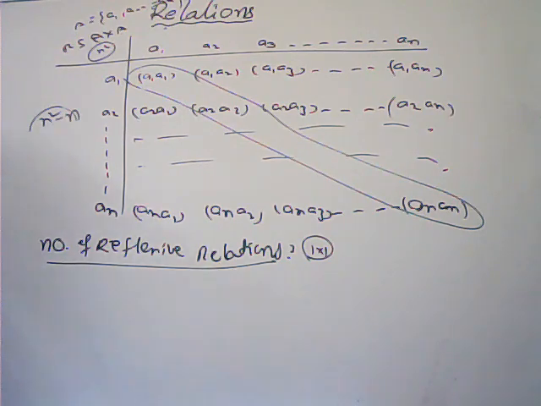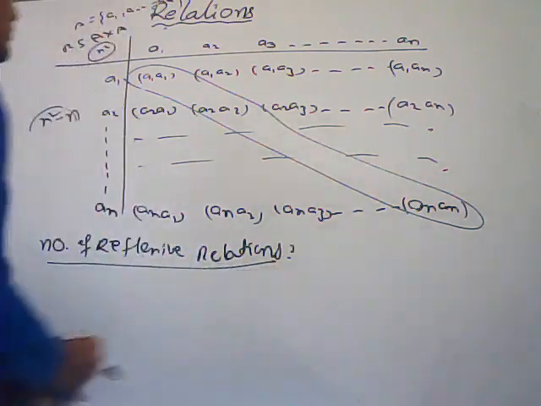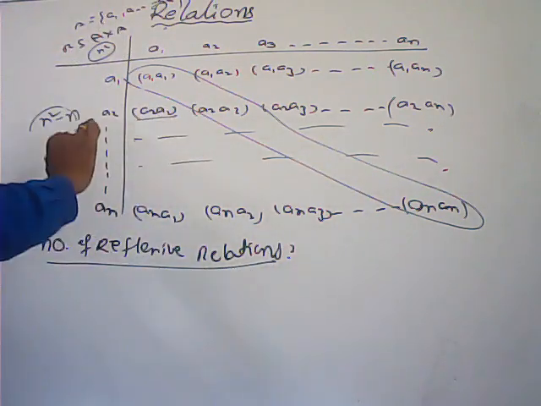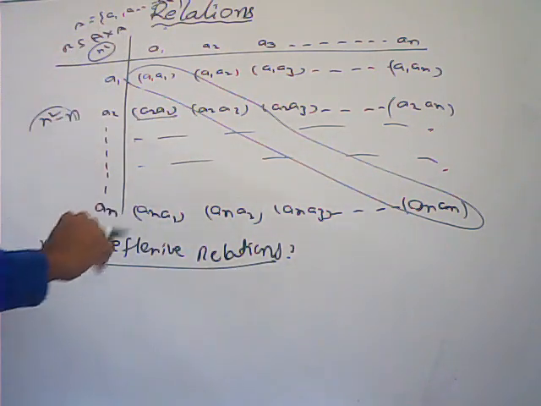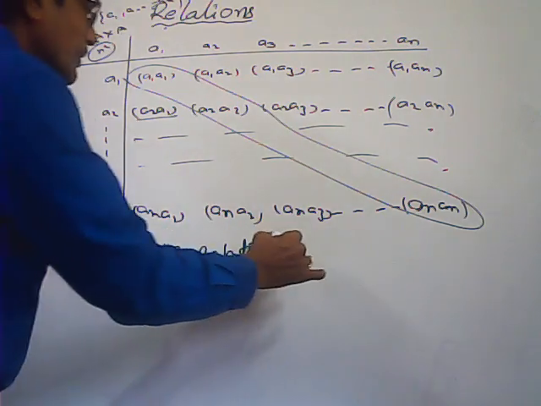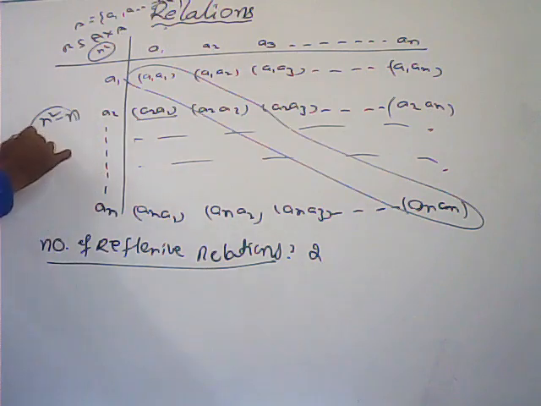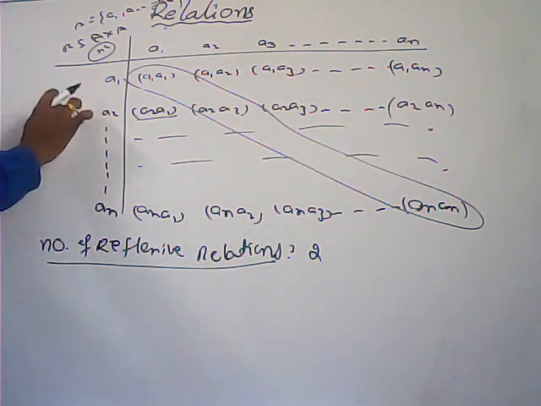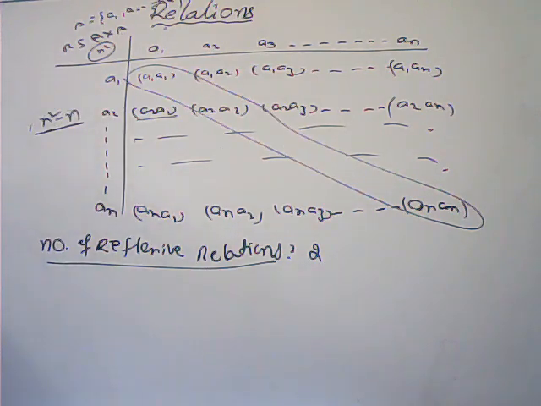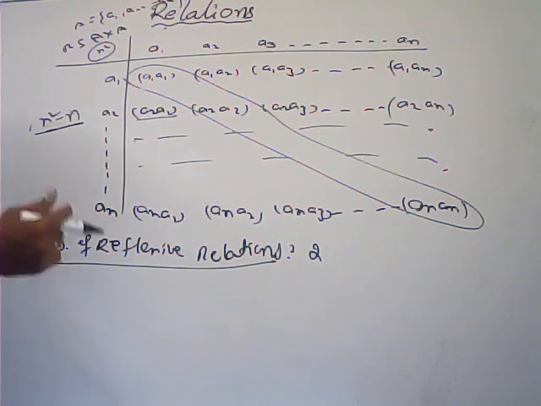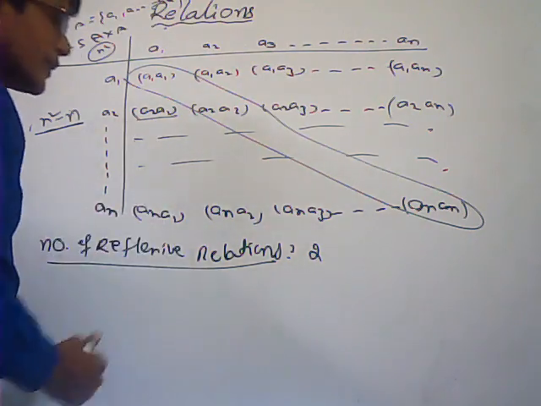So what I said, a reflexive relation contains the equal ordered pairs, and it may or may not contain unequal ordered pairs also. For everything there are two possibilities, may or may not belong to that relation. Total n square minus n elements are there. For every element there are two possibilities. We can keep or no need to keep in that relation.